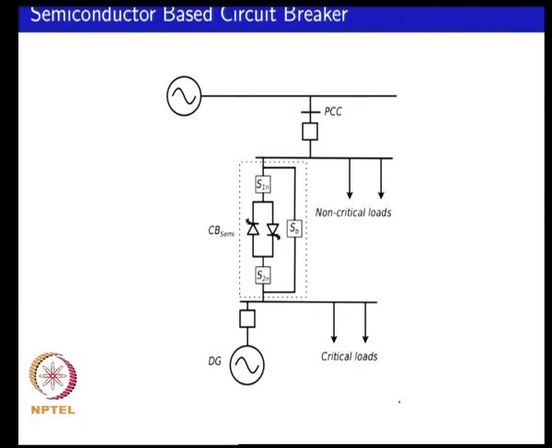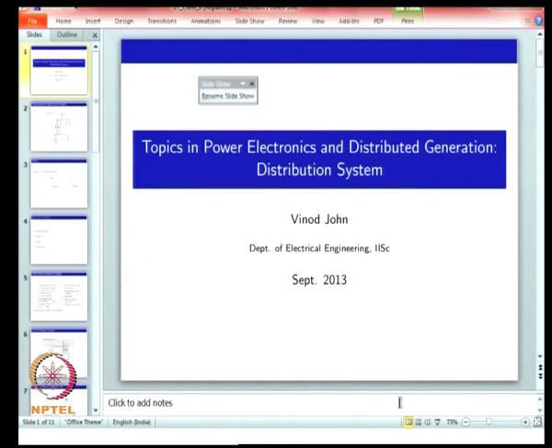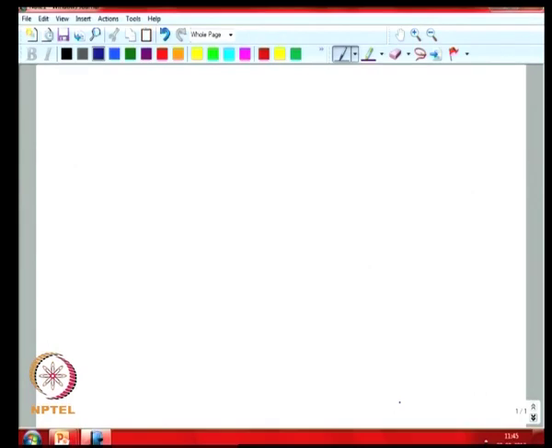In a traditional power system, you have been using relays for generator protection, transmission protection, and at the substation level for distribution systems.